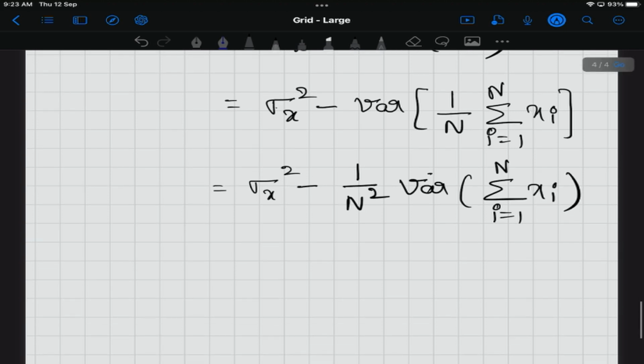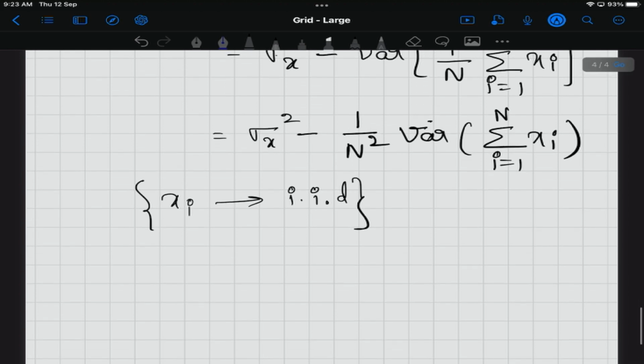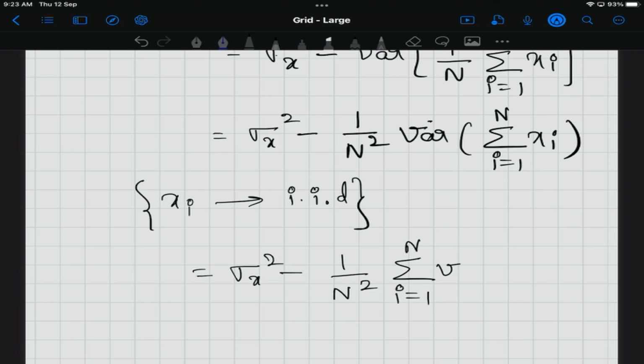The variance of x plus y plus z equals variance of x plus variance of y plus variance of z when x, y, z are independent. Now I am assuming my samples are independent and identically distributed, so I can take the variance inside and write it like this. This becomes the variance of xi when I assume independence.